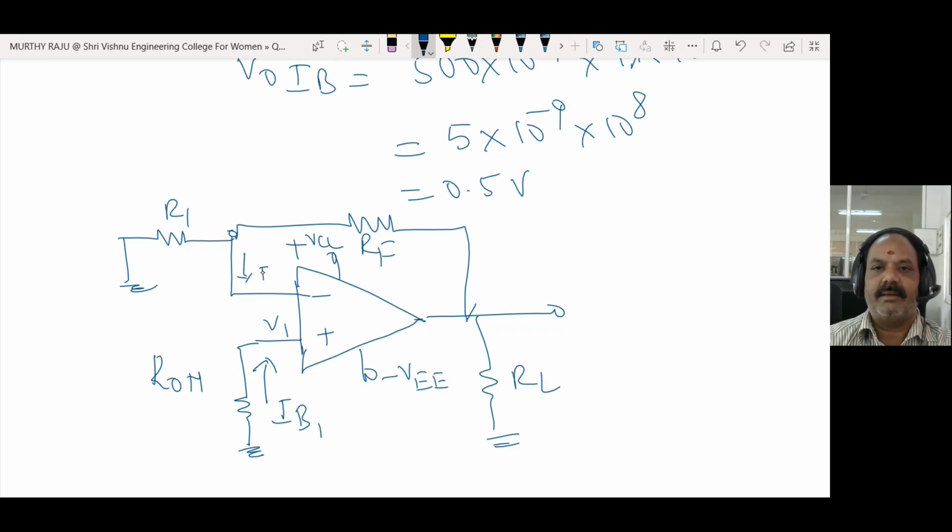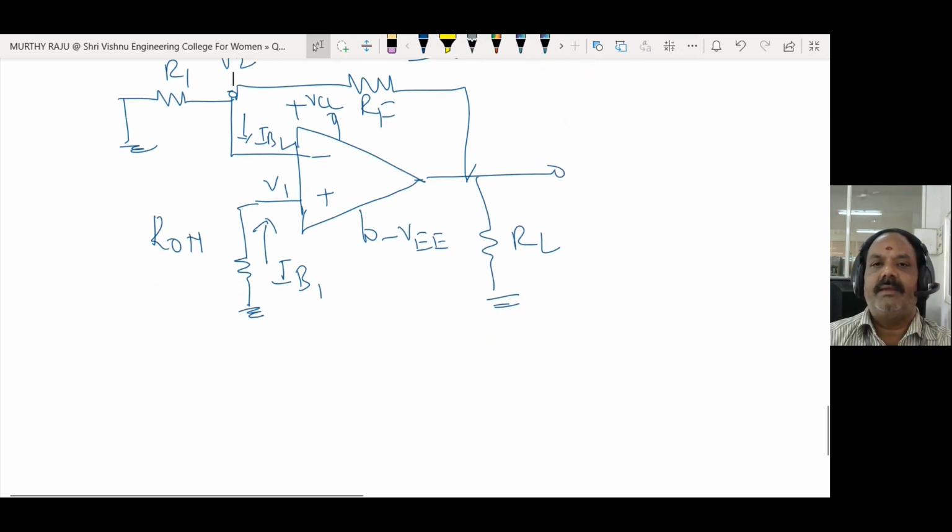Here is IB2. In the previous case, without this resistance, IB1 is the current flow through this non-inverting terminal of an op-amp. That must be equal to 0 because V1 is connected to ground.